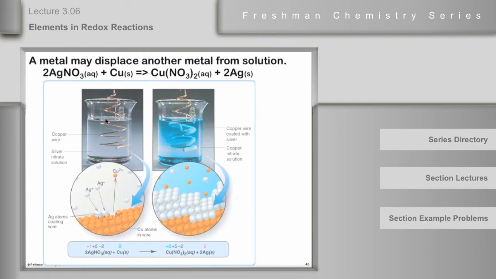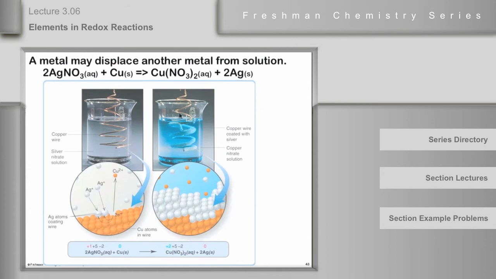For example, if we have silver nitrate in aqueous solution and we put a big piece of copper wire in a silver nitrate solution, the copper solid will displace the silver ion from the solution. That is to say, copper 0 reacts with 2 Ag pluses to produce copper 2 plus plus 2 silver atoms.